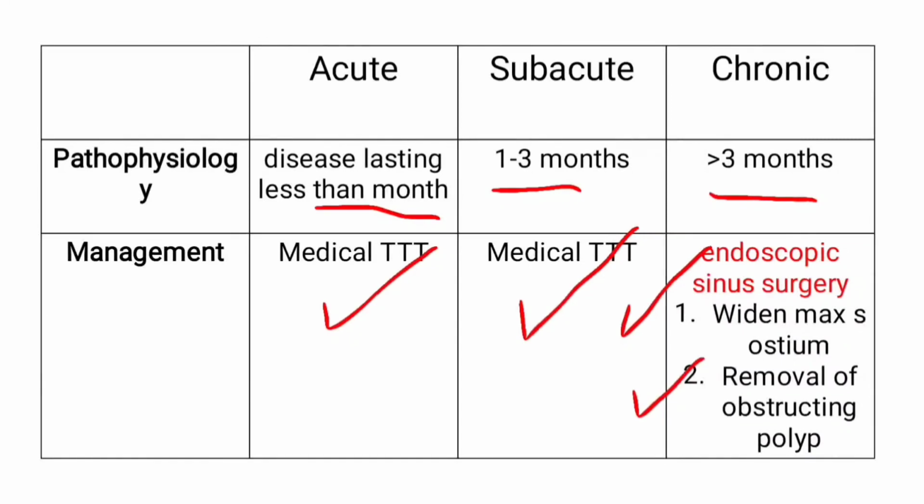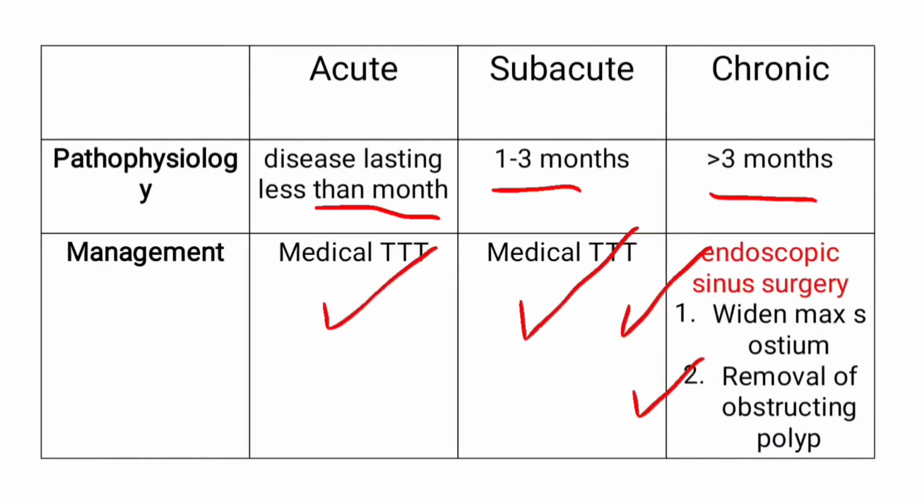A more important factor in the management of chronic sinus infection is the removal of the cause. So if the cause is an odontogenic factor or infection from dental origin, you have to remove the infection either by endodontic treatment and apicectomy and removal of the periapical lesion, or extraction of the offending tooth.